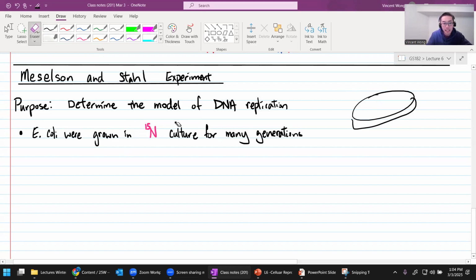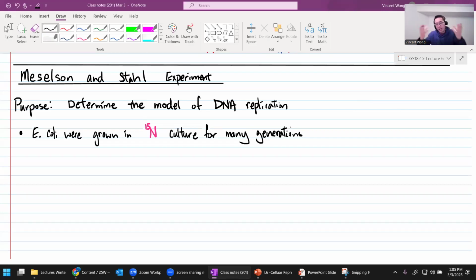In this culture, it's full of heavy nitrogen, nitrogen 15. So if you grow the E. coli in N15 for many generations, then all of its DNA will be heavier, because every time it replicates and makes new DNA, it uses the N15 and makes the DNA heavier.